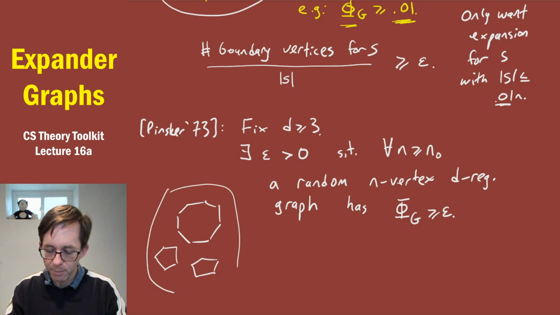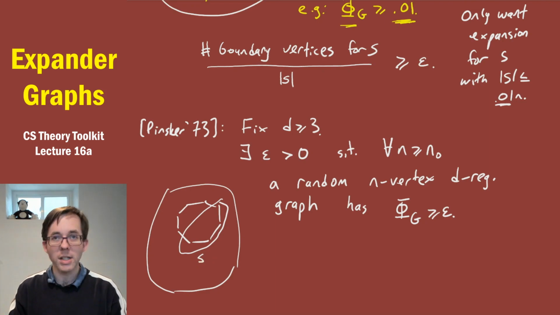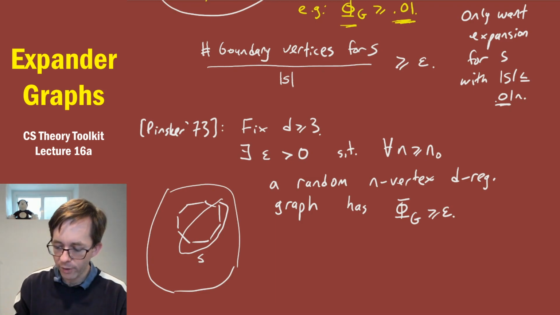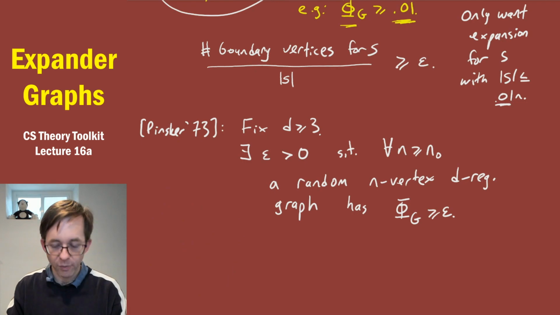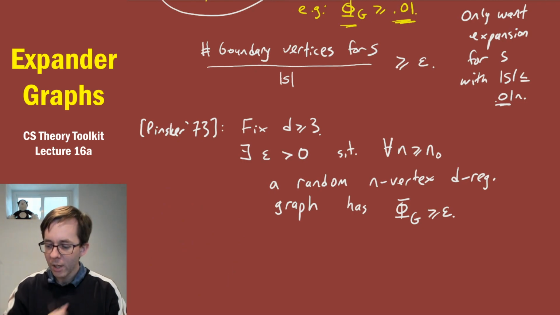And even if, by a miracle, it's connected, it's one giant Hamiltonian cycle, this has very bad expansion, because if you take, say, half of the vertices for your set S, then they have a linear number of vertices, but only 2 edges on the boundary. So their conductance is proportional to 1 over n. Okay, but as soon as you have a 3-regular graph, you have the opportunity to be an expander, and in fact you are if you choose the graph with high probability.